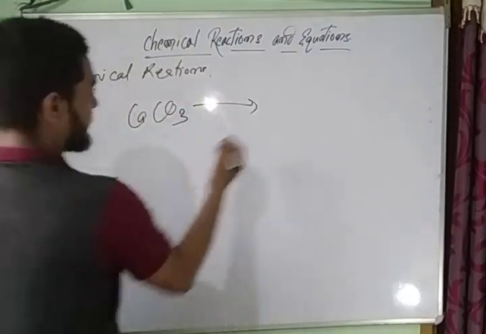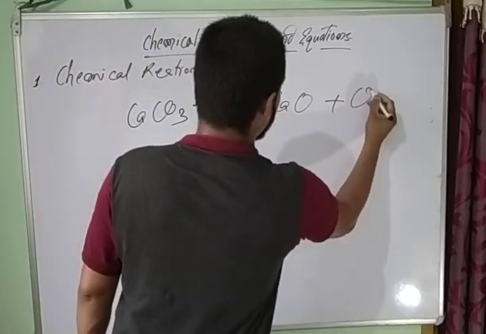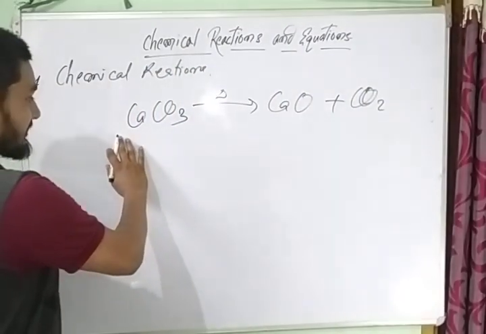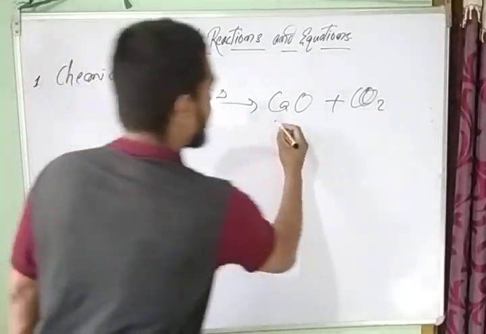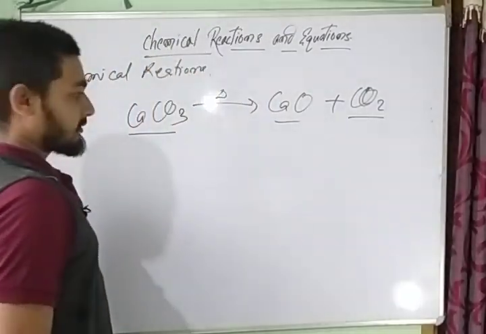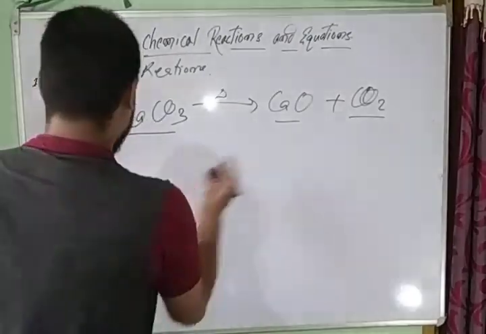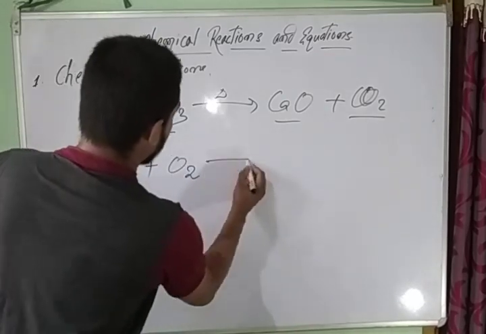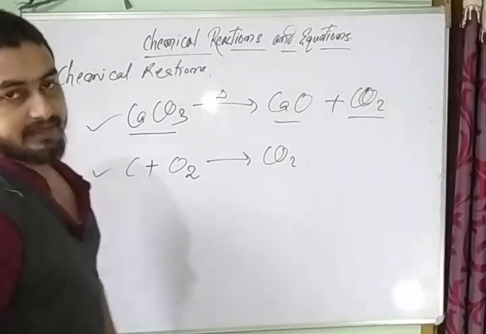If we heat this calcium carbonate, it will form calcium oxide and carbon dioxide. So in this case, one type of chemical substance changes into another type of chemical substance. This is called a chemical reaction. Another case, for example, if carbon, that is coal, reacts with oxygen, it will form carbon dioxide. This is also a type of chemical reaction.